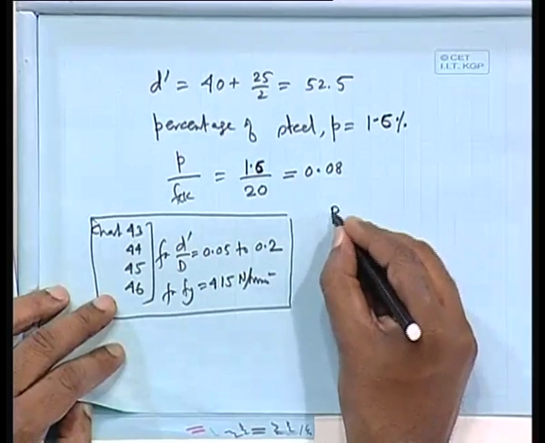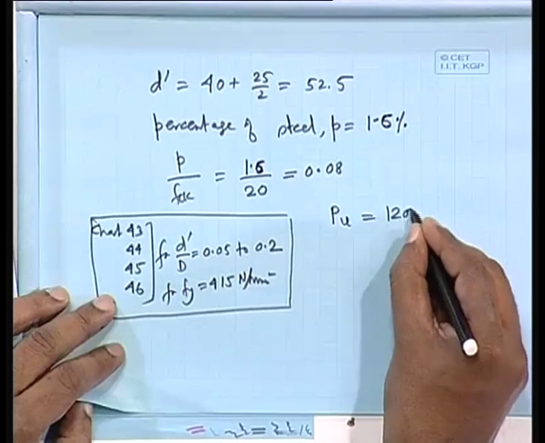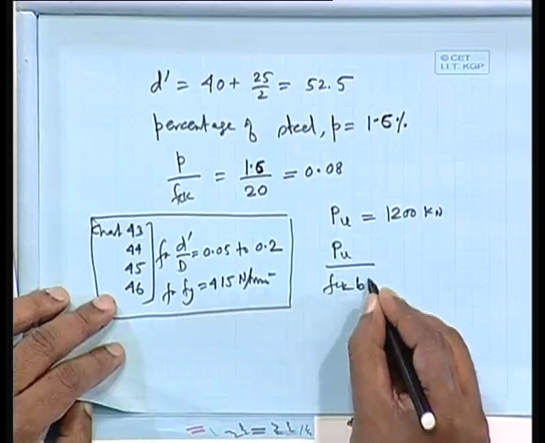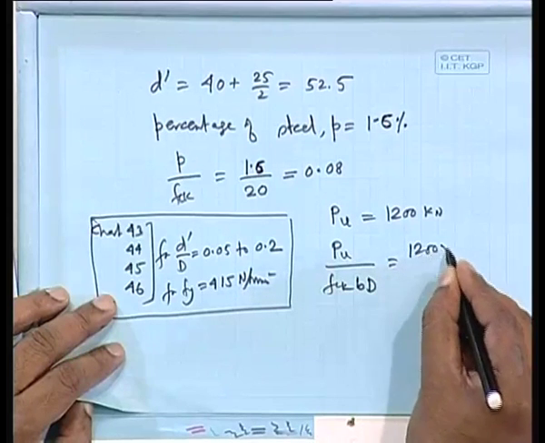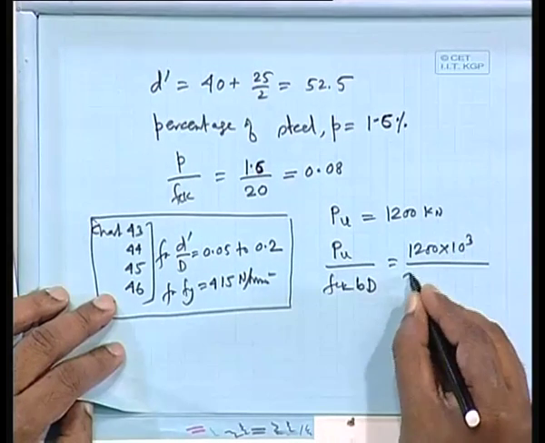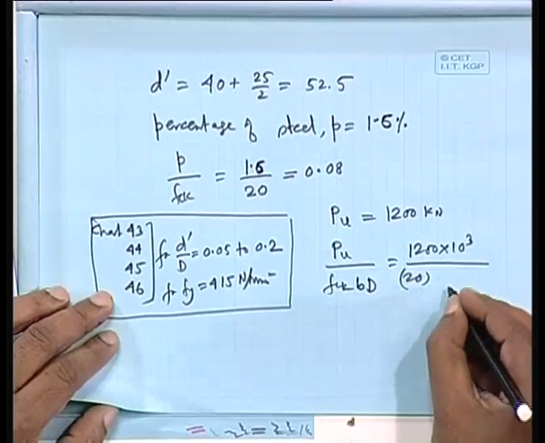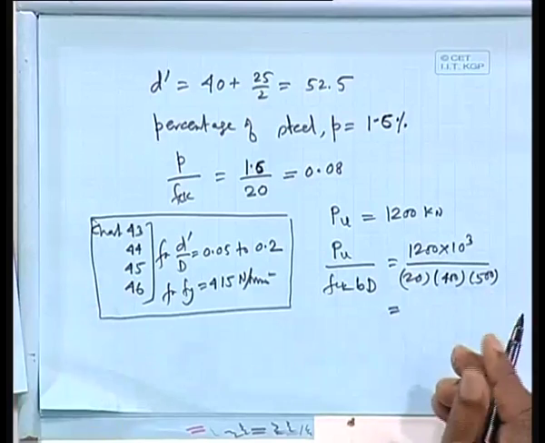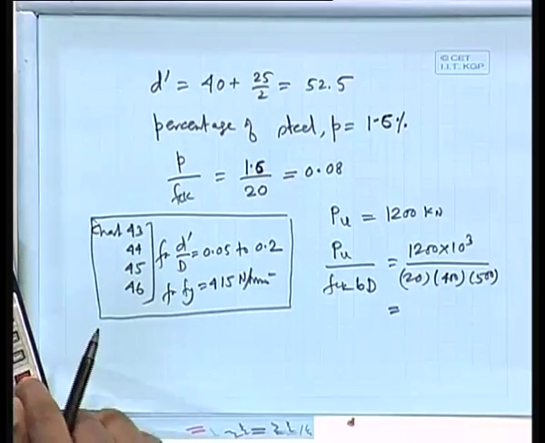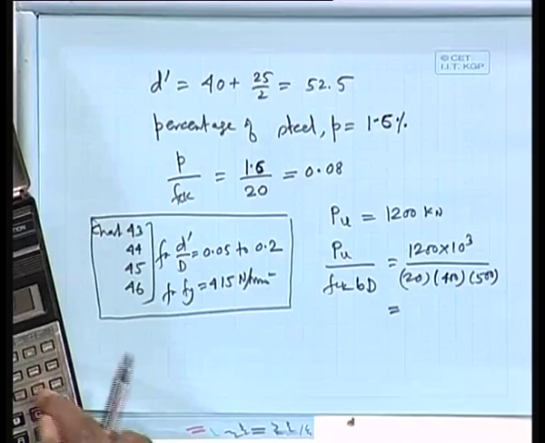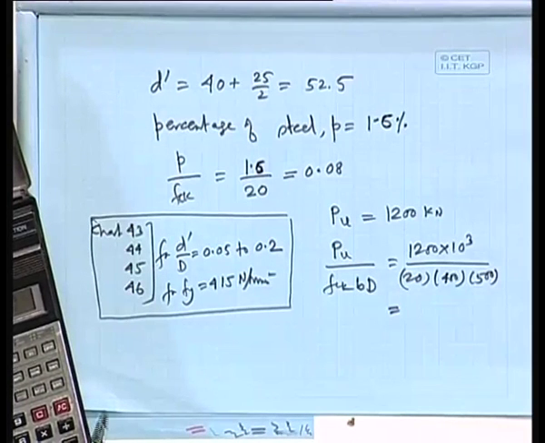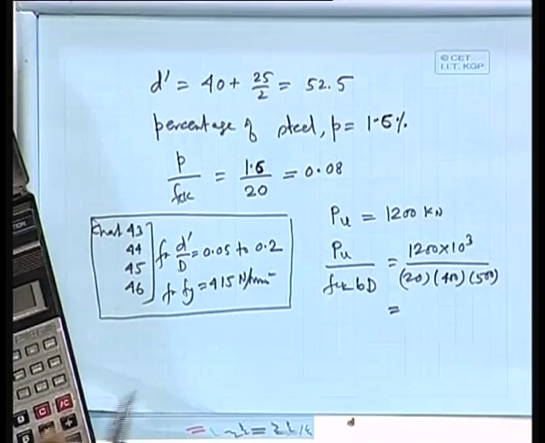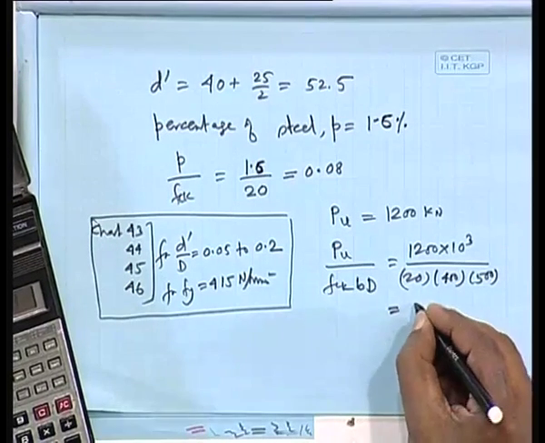Now, what about your Pu? Pu equal to 1200 kilonewton, and Pu by fck bD equal to 1200 into 10 to the power 3 divided by 20 times 400 by 500, which comes as, let us see how much is coming, 0.3.